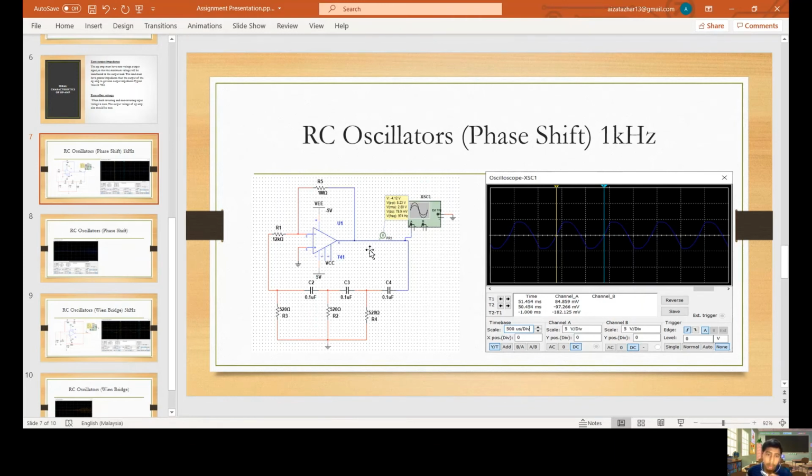That causes the total phase shift to be 360 degrees.